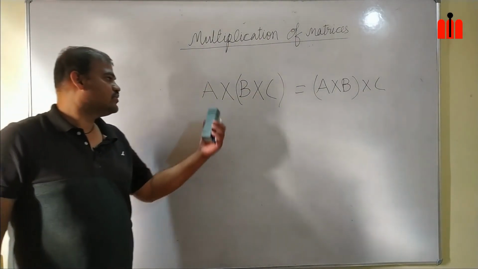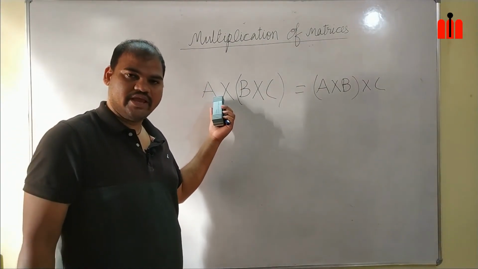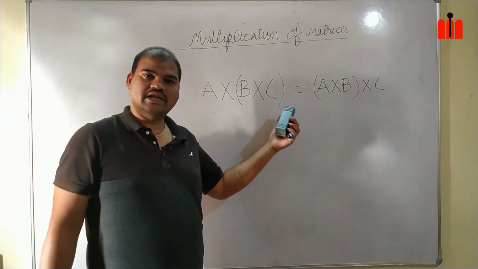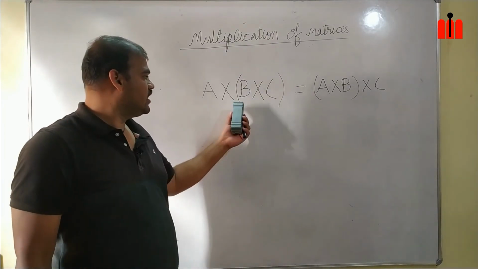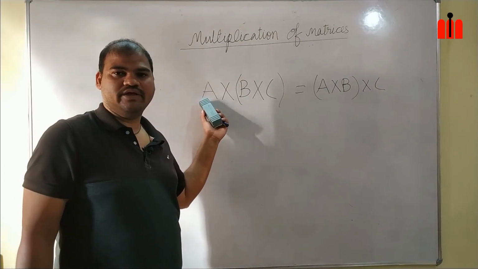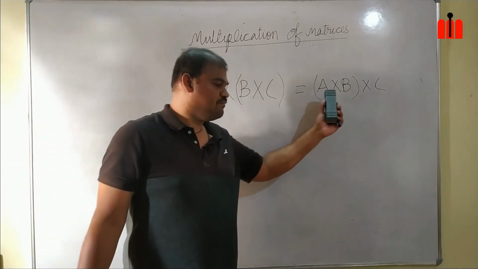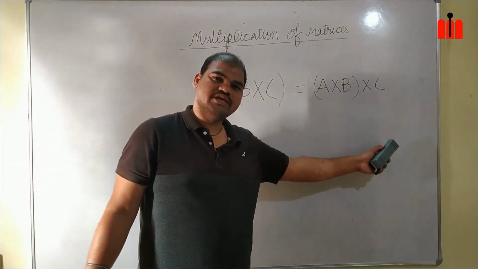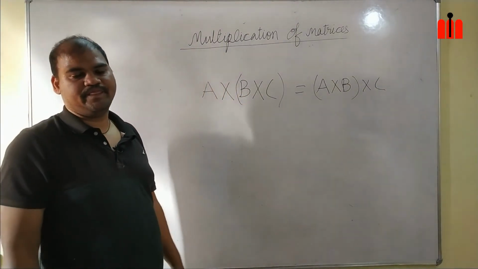A, B, C are three matrices where B and C are multiplied and then multiplied to A, or A and B are multiplied then multiplied to C, both are the same.